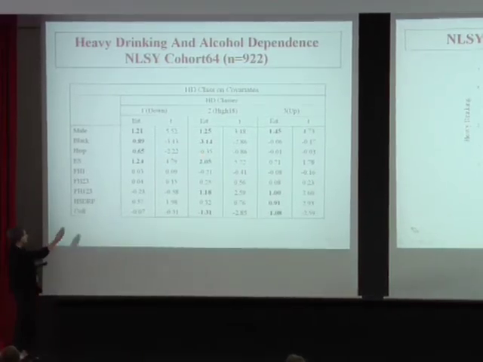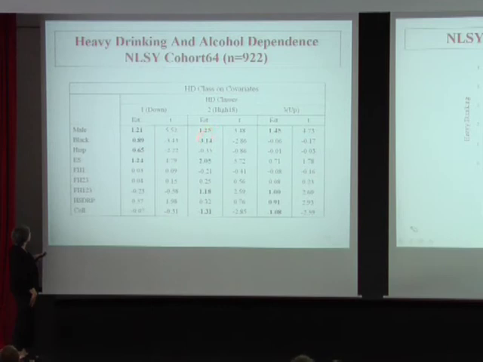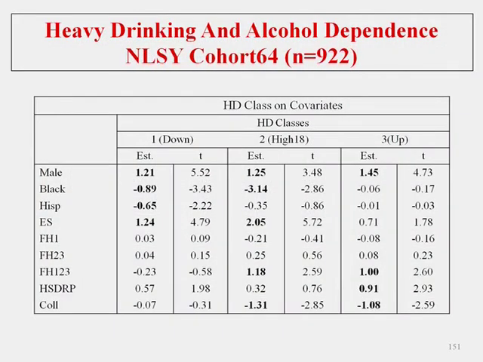The high class over there that starts out and stays high is predicted by being male, not being black, having an early start of drinking, positive family history, and low expectations of going to college once again. The downward class also has not being male, not being black, not being Hispanic.